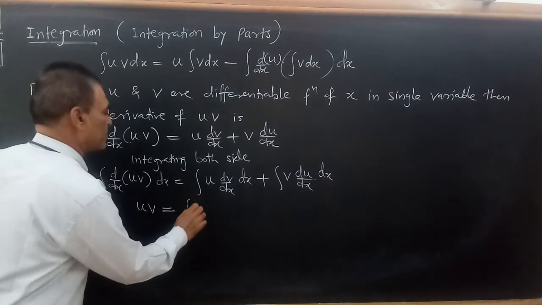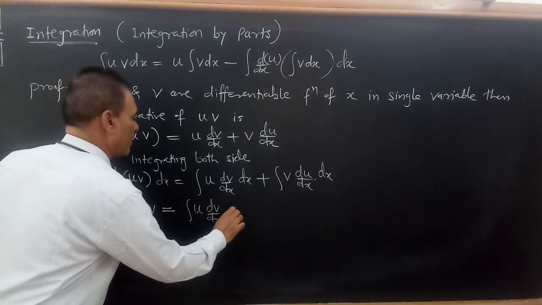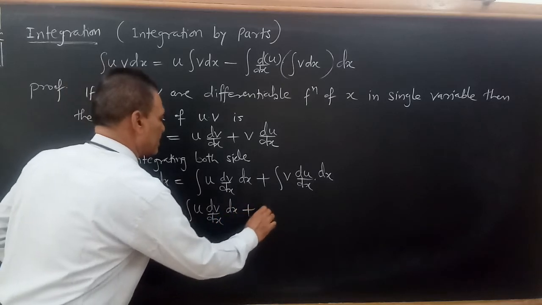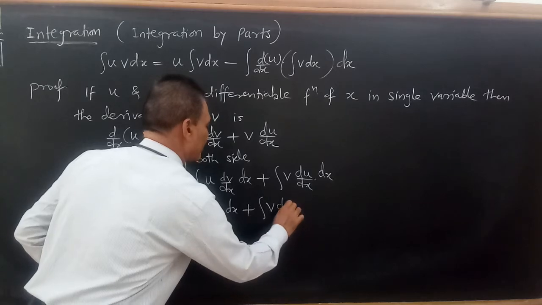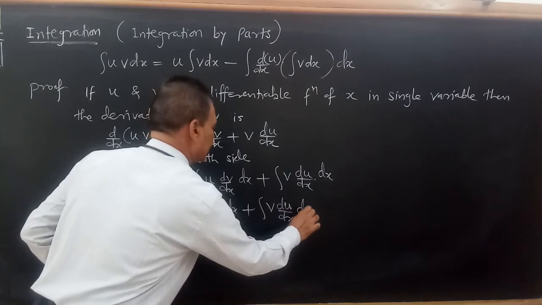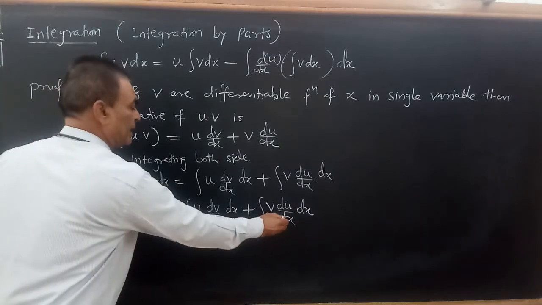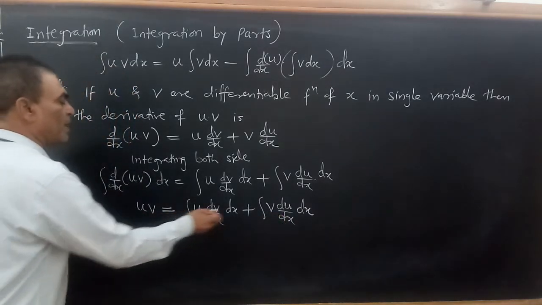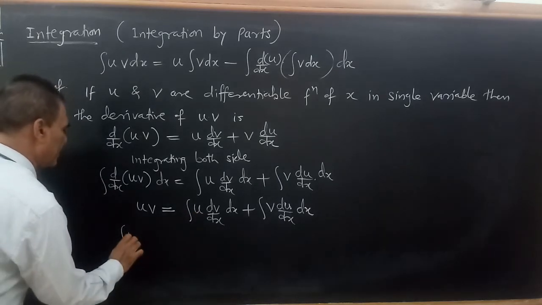So uv is equal to integration of u into dv by dx plus integration of v into du by dx into dx. Okay, transfer this second term to the left hand side. I will write it in this way, this step first.